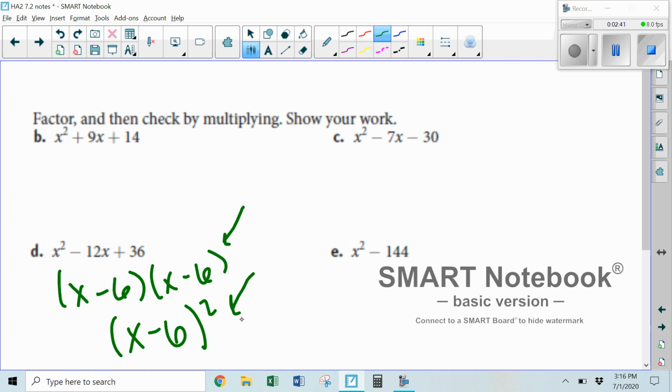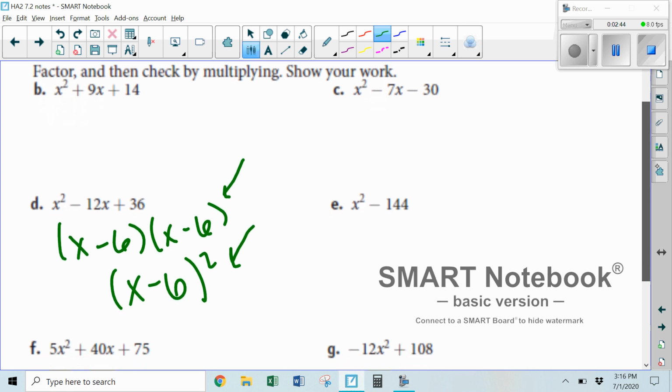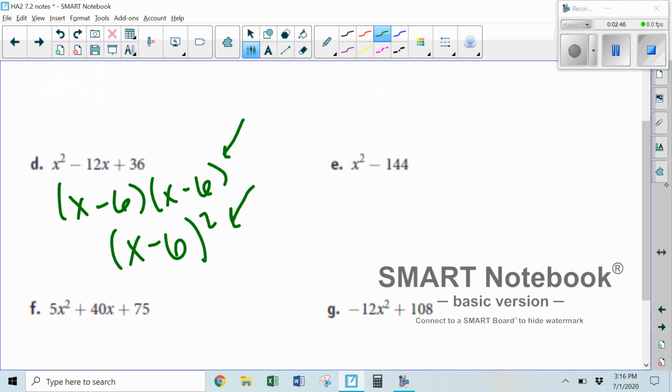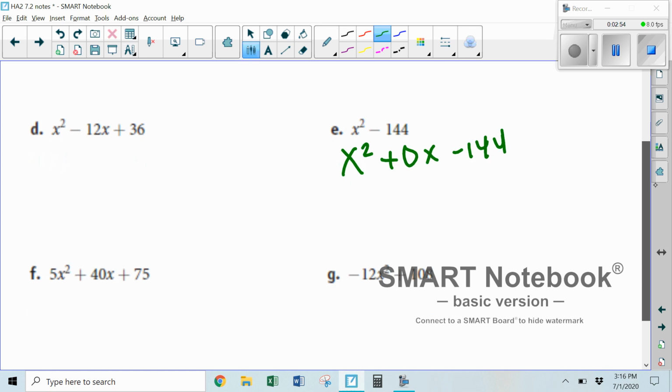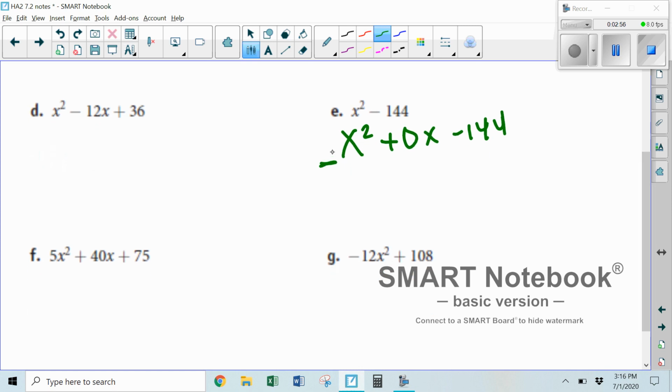E. So let me help you with E in case you got stuck on E, and then I'll give you time to do the rest. For E, think of this, if it helps you, as x squared plus 0x minus 144, because that's really what it is. There's still an A term of 1, a B term of 0, and a C term of negative 144. So we know that it's going to be x times x because the A term is 1.